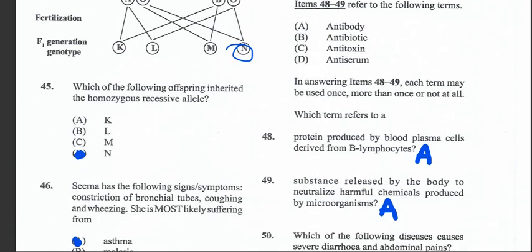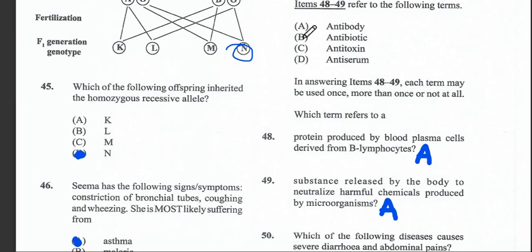Good. Here we are talking about items 48 to 49, which refer to the following terms. So we're just going to choose the best terms. Number 48: we are seeing that protein is being produced by blood plasma, and it is derived from B lymphocyte.